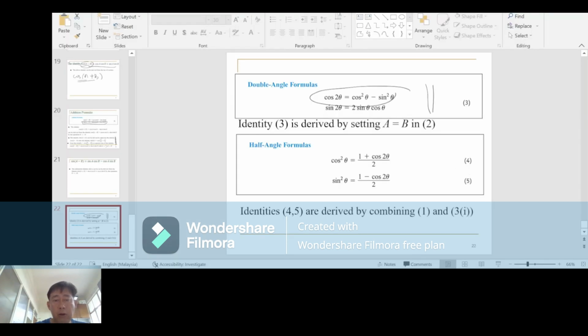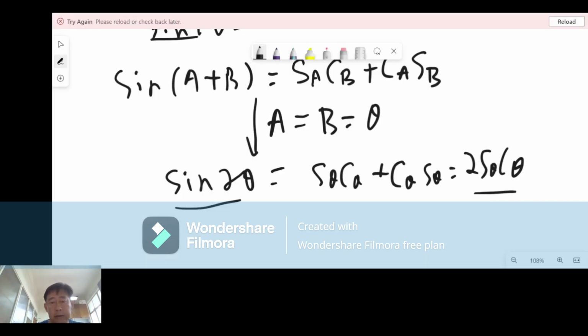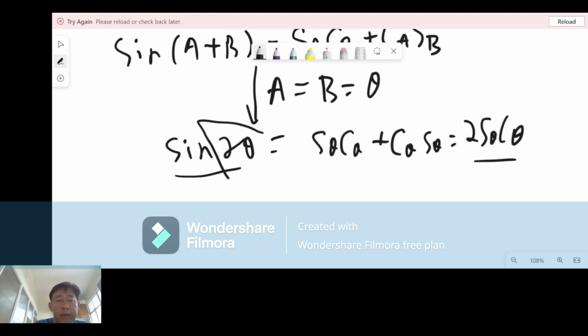Before I proceed on, I just want to mention the importance of identity number 3. For example, this identity allows you to relate the product of sine and cos to be represented by a single angle of 2 theta in sine 2 theta.